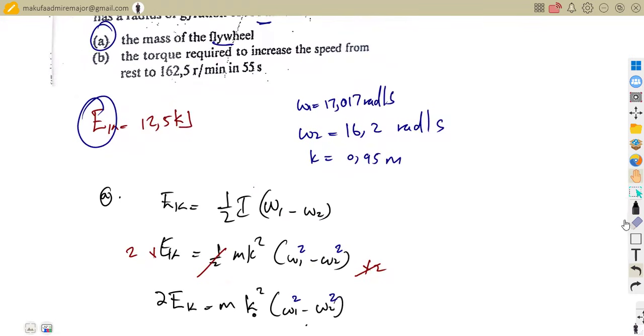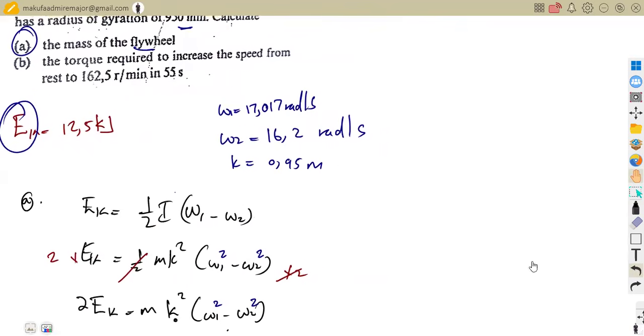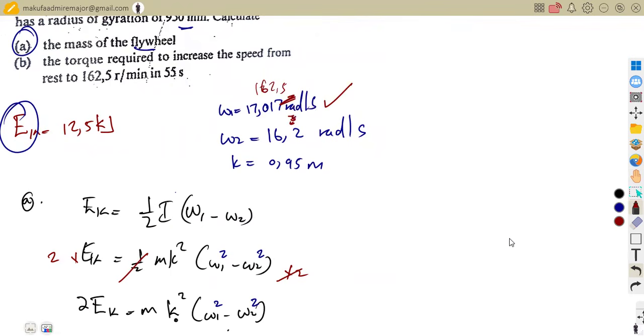This one was a tricky question, because in the first place our omega 1 was this, 162,5. So we actually had omega 1 like this.